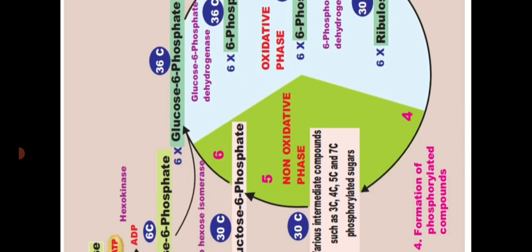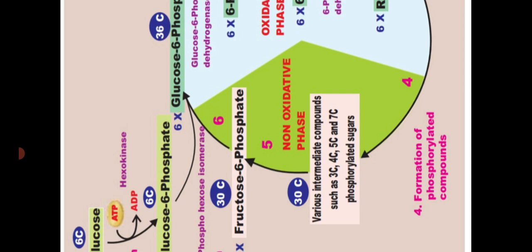This ribulose 5-phosphate produces different carbon compounds as intermediates: 3 carbon, 4 carbon, 5 carbon and 7 carbon. So that's why it is given as formation of phosphorylated compounds. Up to this, the oxidative phase takes place. After that, the non-oxidative phase. So the different intermediate compounds are converted into fructose 6-phosphate.